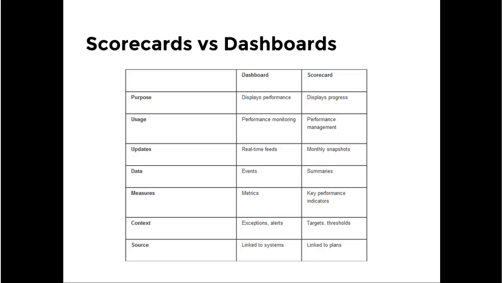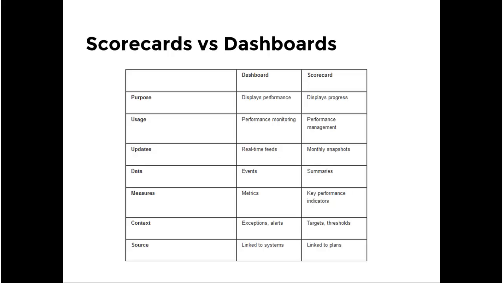Typically, this is done in real time, whereas a scorecard displays progress against goals and is typically used more in a management context. So you see the speed at which you get information or updates on a dashboard is real time, whereas a scorecard is usually giving you some snapshot. As an example, it could be a monthly, a weekly, a daily, or a quarterly snapshot. But the idea is that a scorecard is taking a picture in time, while a dashboard is keeping up with real-time events.